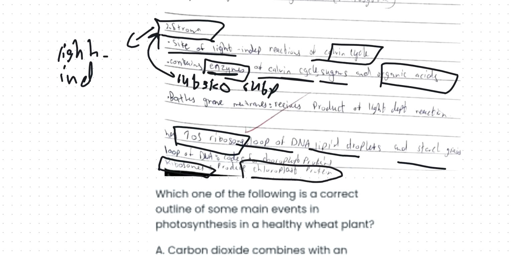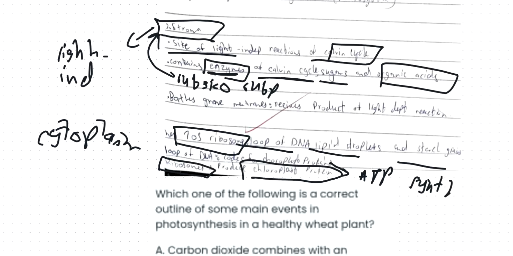So the stroma has a lot of the other stuff that the cytoplasm has: the ribosomes, the loop of DNA, starch grains, and chloroplast proteins like ATP synthase. You need ribosomes and DNA to make the proteins, so all of that would be present in the stroma.